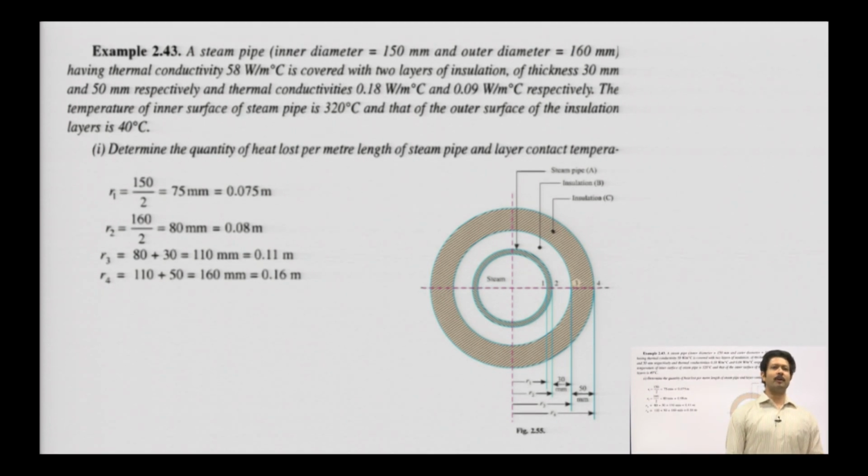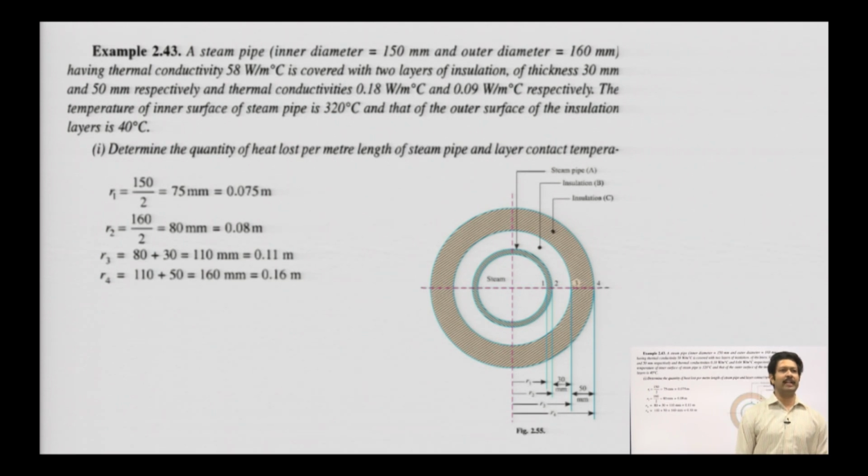Now let's talk about the numerical, and as you can already see, this is a cylinder, not a slab. A steam pipe, inner diameter 150 mm and outer diameter 160 mm, having thermal conductivity 58 watts per meter degree Celsius, is covered with 2 layers of insulation of thickness 30 mm and 50 mm respectively, with thermal conductivity 0.18 watts per meter degree Celsius and 0.09 watts per meter degree Celsius respectively.